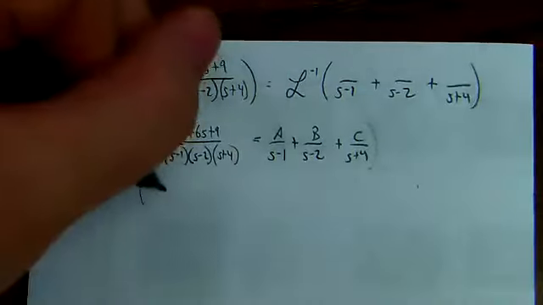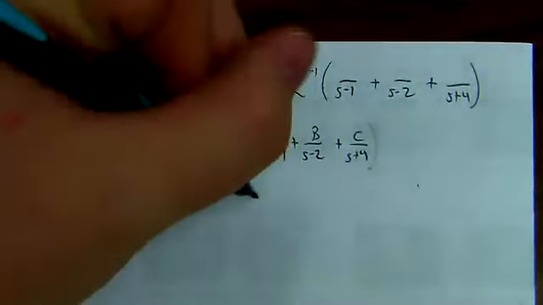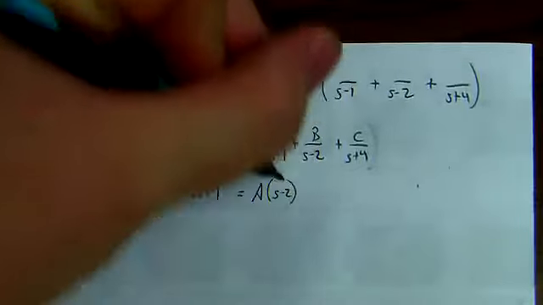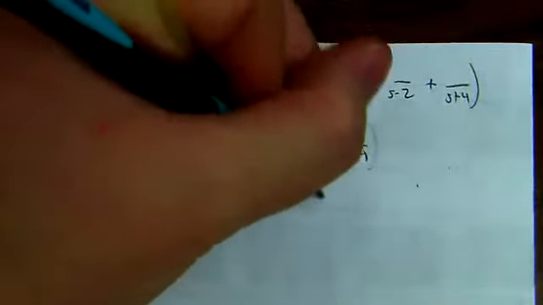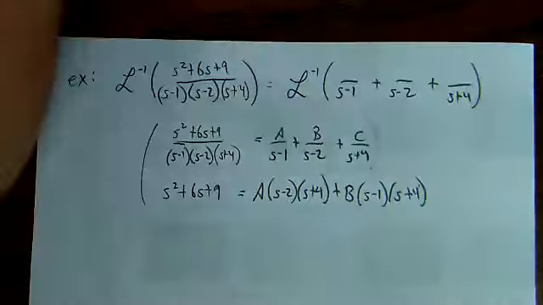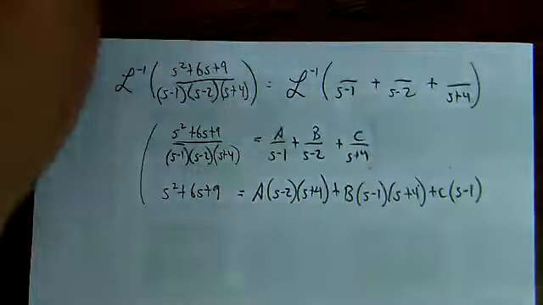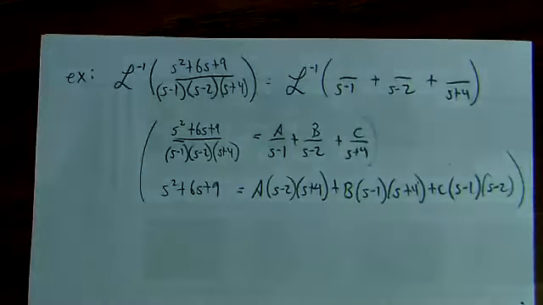Which means that s squared plus 6s plus 9 has to equal a times s minus 2 times s plus 4 plus b times s minus 1 times s plus 4 plus c times s minus 1 times s minus 2. And then we solve this for a, b, and c.